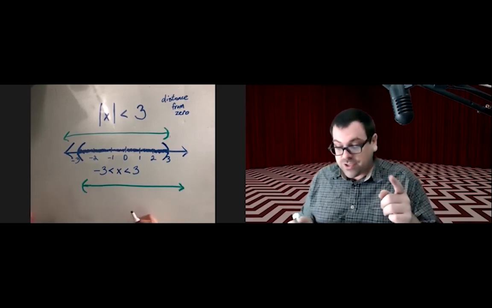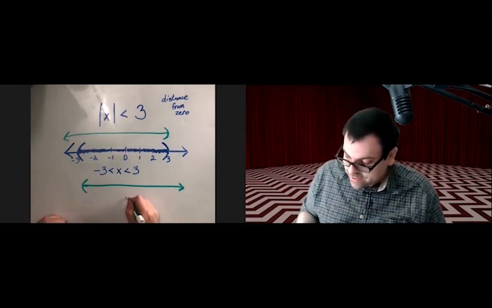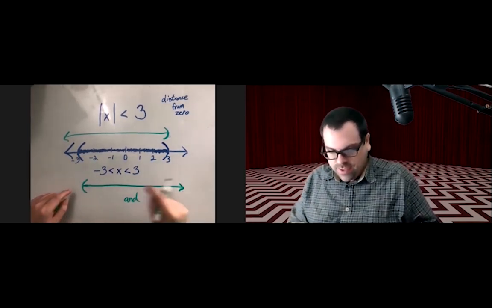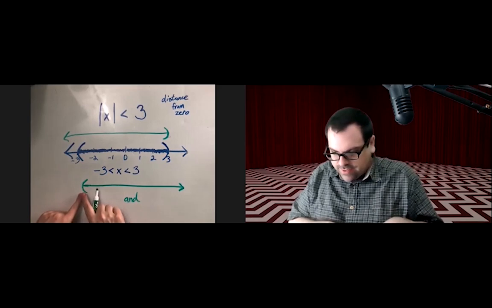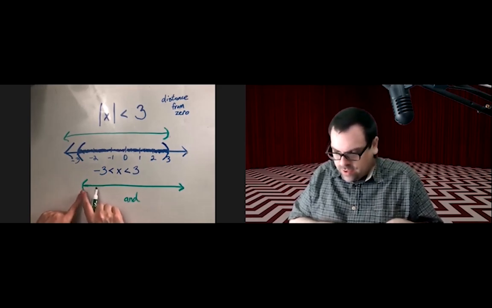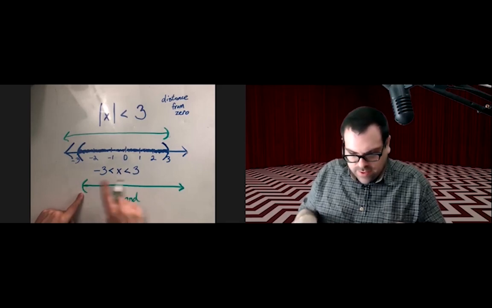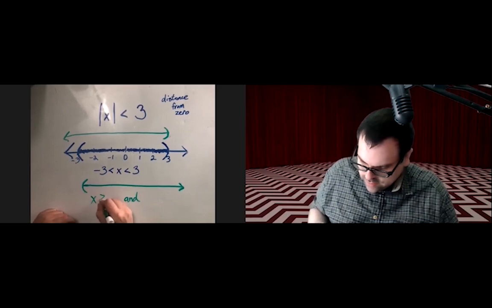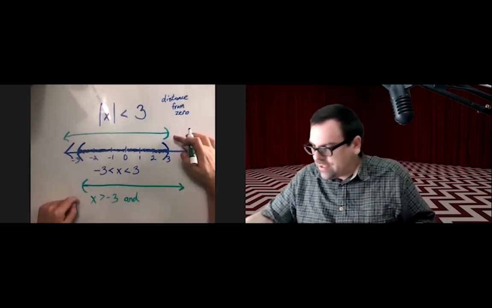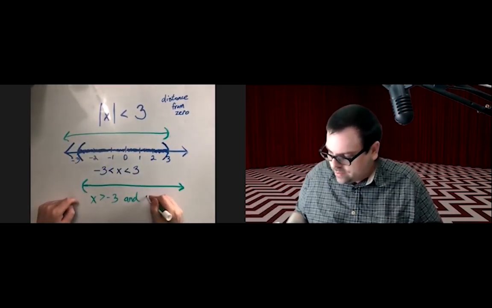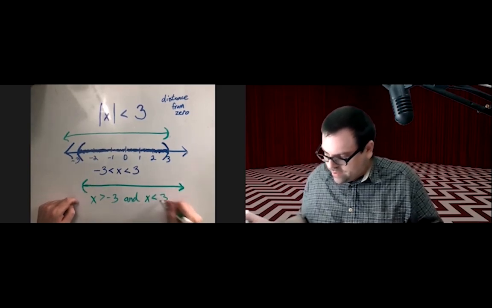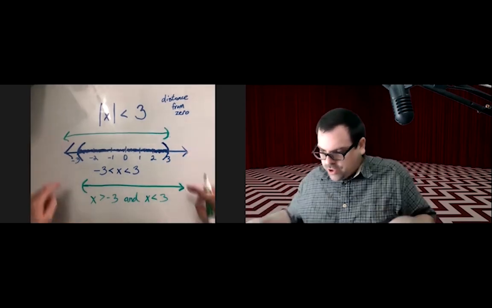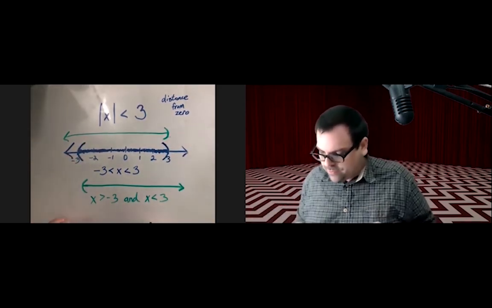Overlap, that's an intersection. That's an and statement. What are these? Well, this is x greater than negative 3. And this is x less than positive 3. The intersection of these two lines is how we get this between.